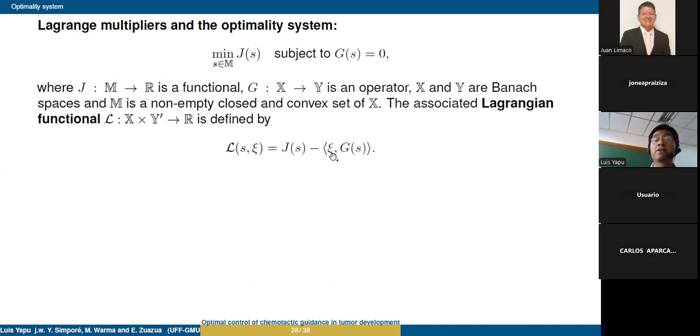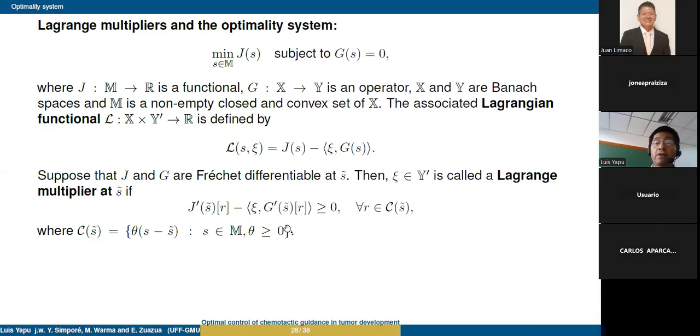We can associate a Lagrangian functional, and these covectors psi are the Lagrange multipliers. Psi is called a Lagrange multiplier if it verifies this condition.